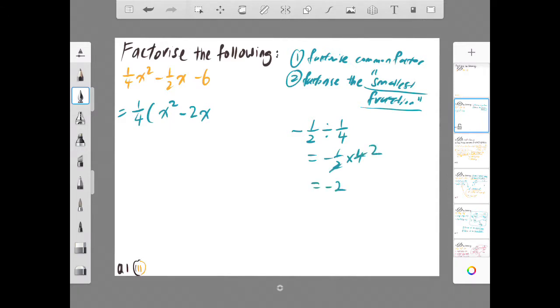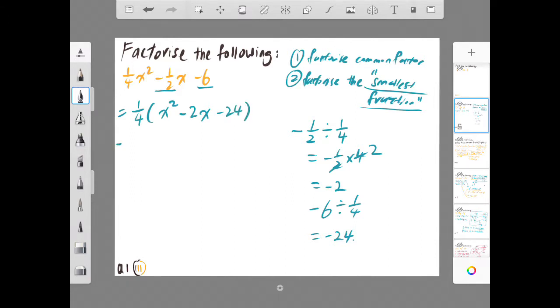So just simply take the coefficient of x divided by the factor that you want to factorize. And same for the negative 6. How to factorize 1/4 out from negative 6? We take negative 6 divided by 1/4, which equals negative 24. So we will have negative 24 over here.